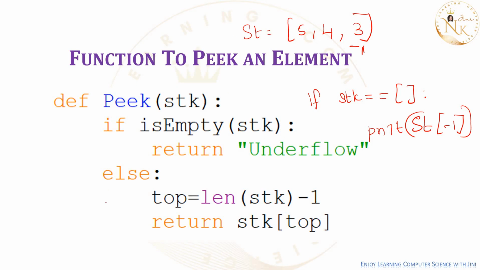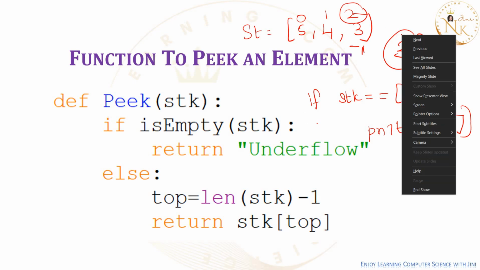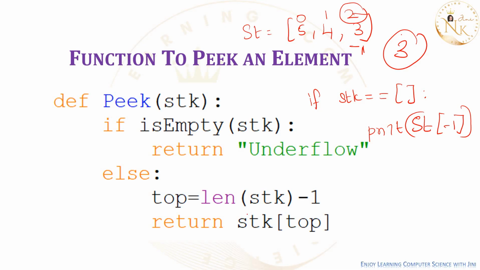What is the length of this stack? 3, correct. What is 3 minus 1? 2. So the indices are 0, 1, 2. That is the index of the last element, the length of the stack minus 1. So that is the topmost element, and you return it. Whichever method is easy for you, follow that method.